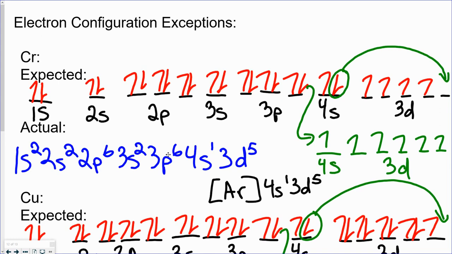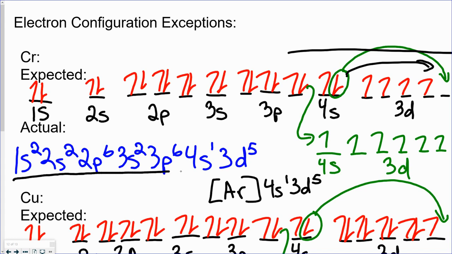What it would look like is this, where you actually have 2 in the 4s and then 4 in 3d. What we've noticed is actually it likes to promote one of the 4s into the 3d, giving you an actual electron configuration for chromium of that.